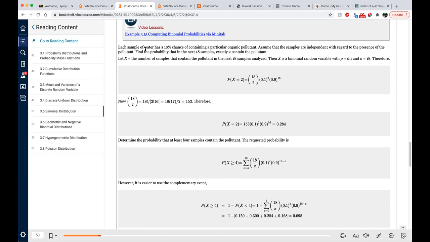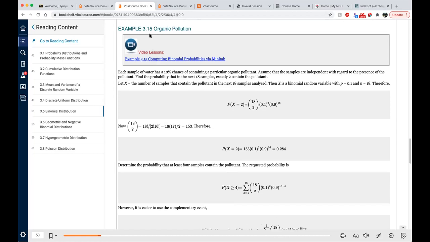This is example 3.15, organic pollution. Each sample of water has a 10% chance of containing a particular organic pollutant. Let's assume that the samples are independent with regard to the presence of the pollutant. Find the probability that in the next 18 samples, exactly two contain the pollutant. So 18 samples can be considered the number of trials.